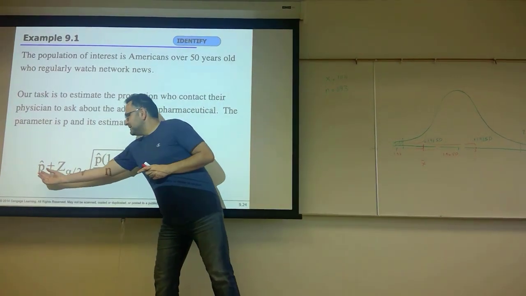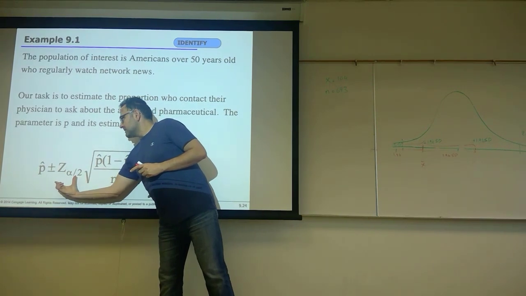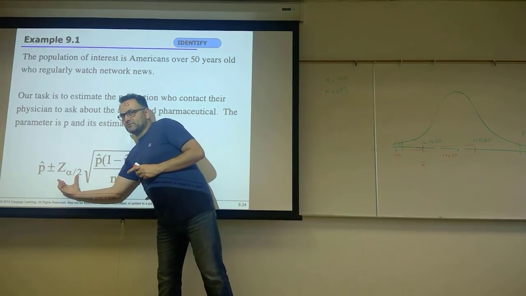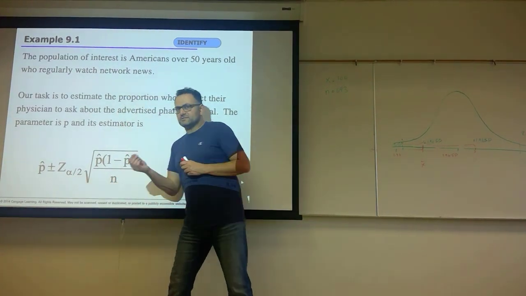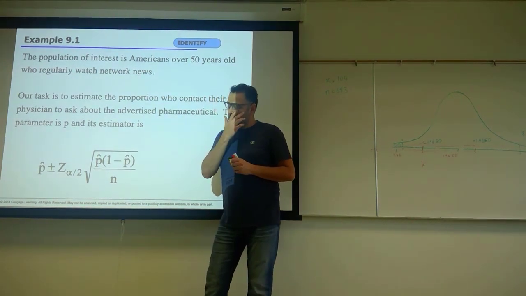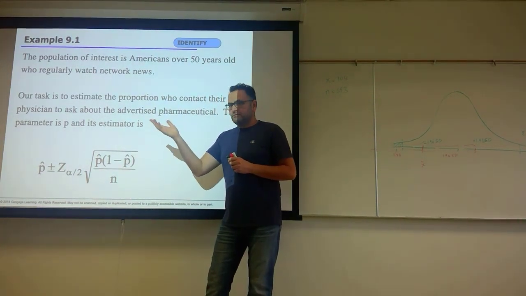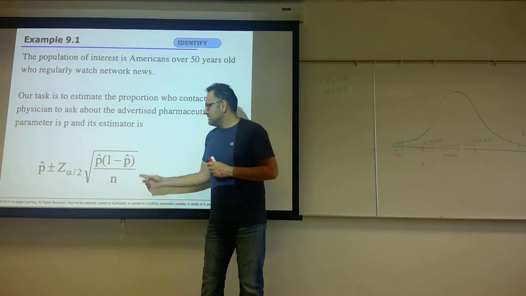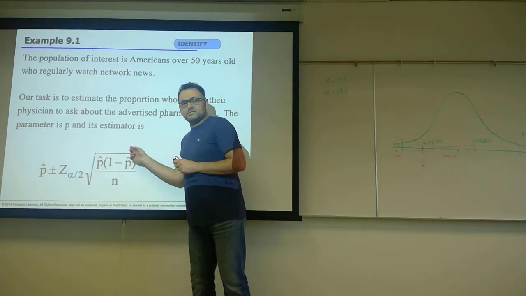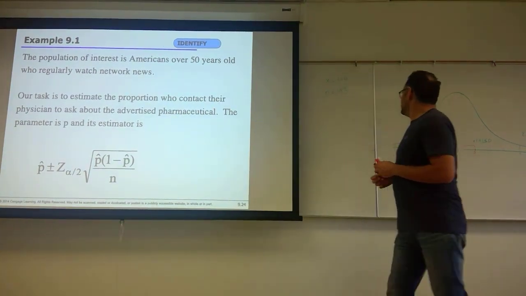So my sample mean plus or minus the number of standard deviations where I have to cut off. For a 95% confidence interval, it would be 1.96 standard deviations to the right and to the left of that mean. And then how large is the standard deviation itself, right?